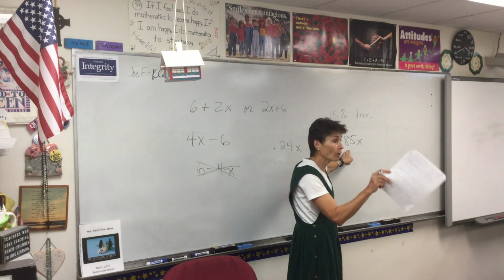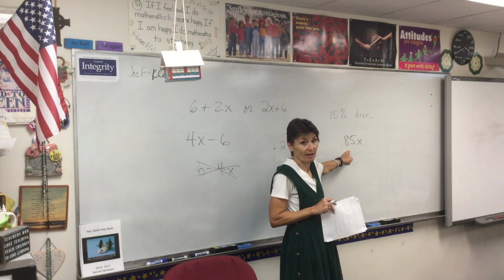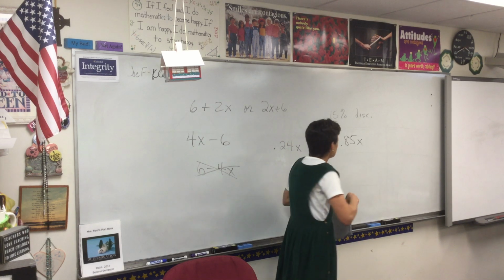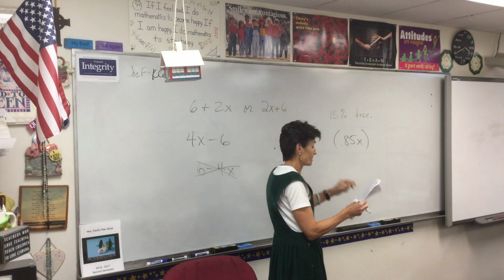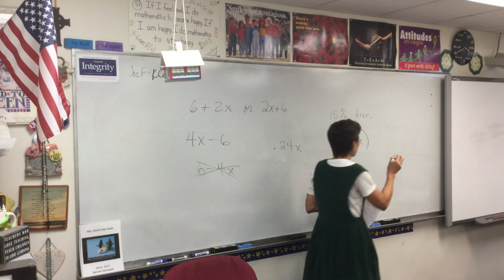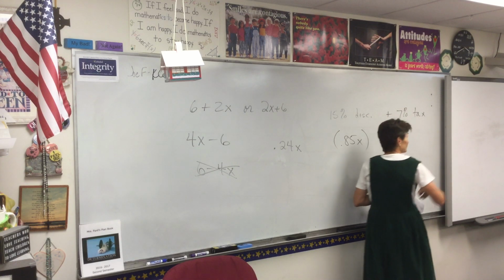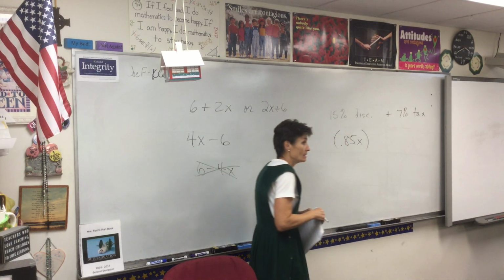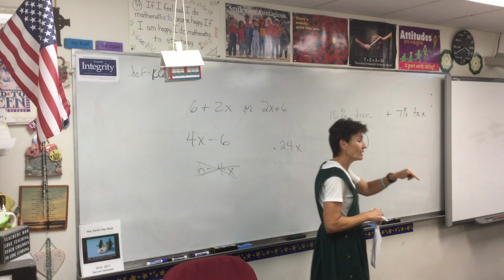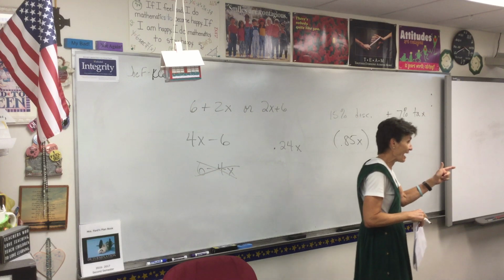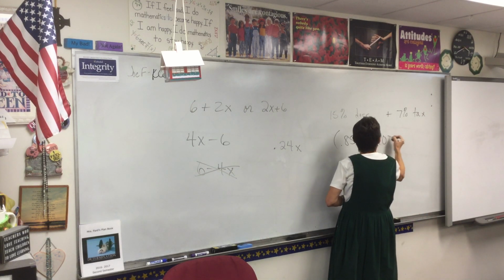Because if the store is taking off 15%, you're still going to pay 85. Would you agree? Now, I'm going to take that amount, whatever that is, and I am going to add on a 7% tax. I'm not going to multiply by 0.07 and then add. I'm going to multiply it by 1.07.